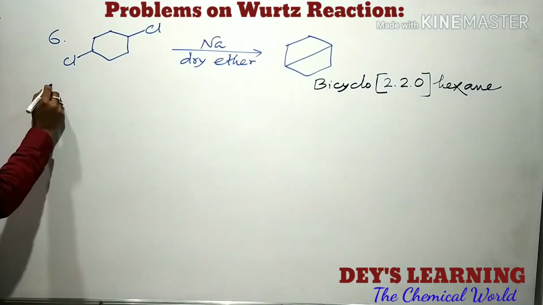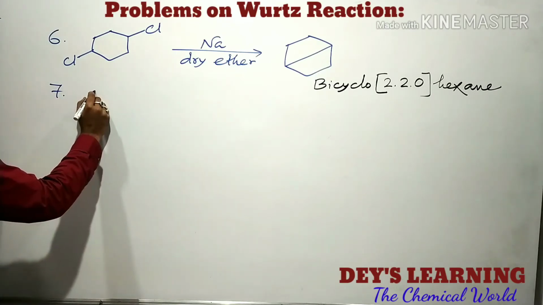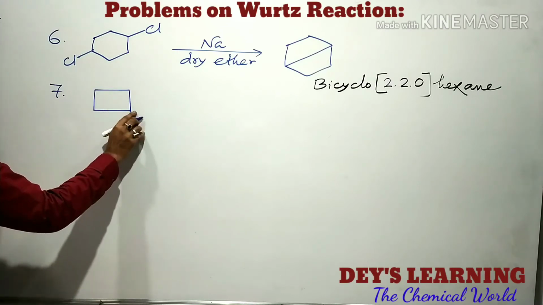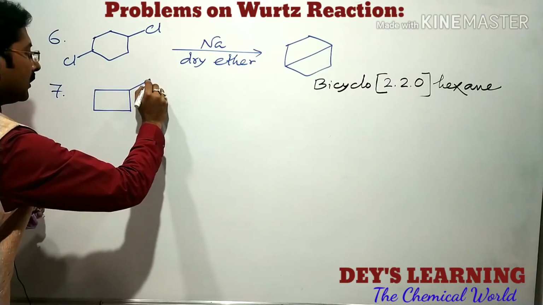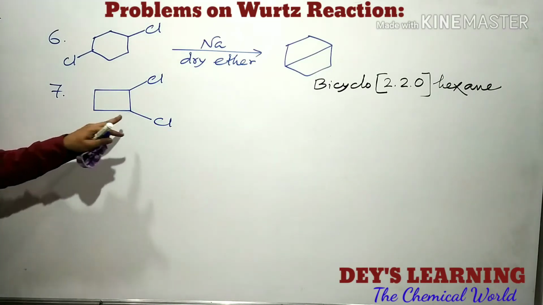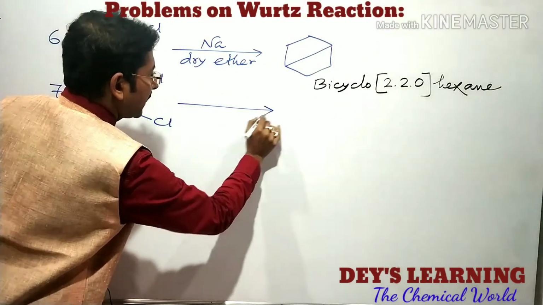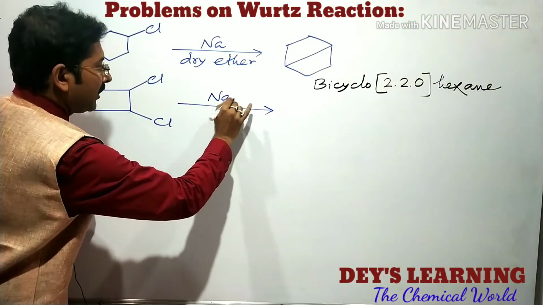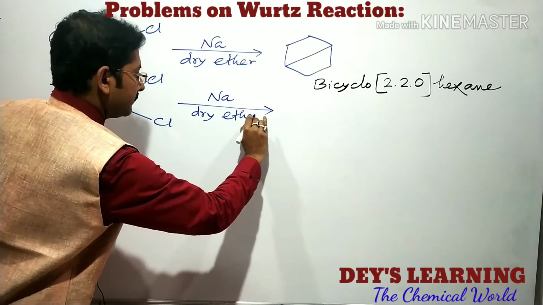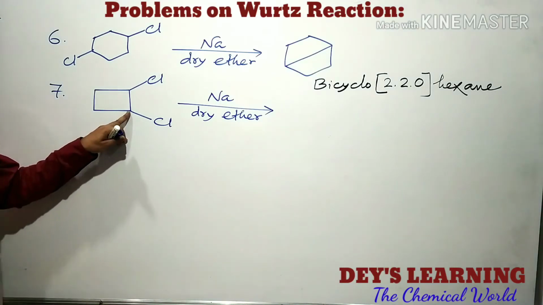Okay. Next example. Two interesting examples. Example number 7. If we have a vicinal dihalide like this. This is 1,2-dichlorocyclobutane. 1,2-dichlorocyclobutane on reaction with sodium and dry ether. Can you imagine what product will be obtained?